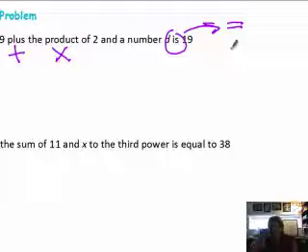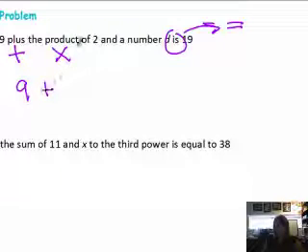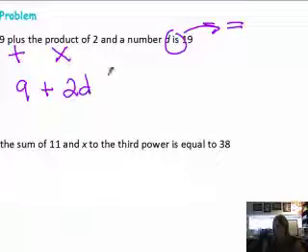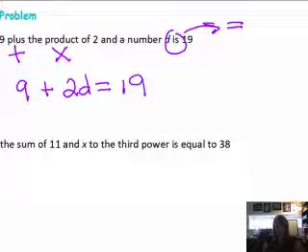It's just a mathematical phrase, and an equation has an equal sign in it. So 9 plus the product of 2 and a number d. How do we write the product of 2 and a number d? It is 2 times d, is equal to 19. So we have 9 plus the product of 2 and a number d is 19.